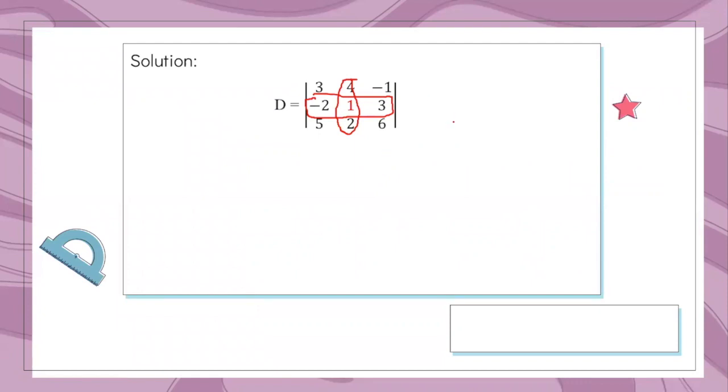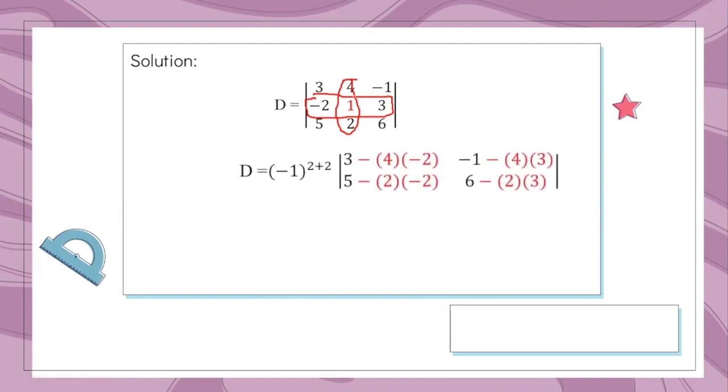upon crossing it out and locating your pivot, there would always be negative 1 raised to the sum of the position of its row and column, which in our case is negative 1 raised to 2 plus 2, because our pivot is located in row 2, column 2.